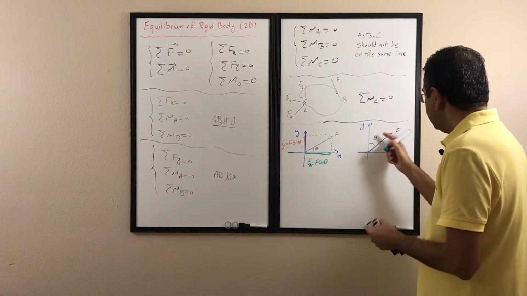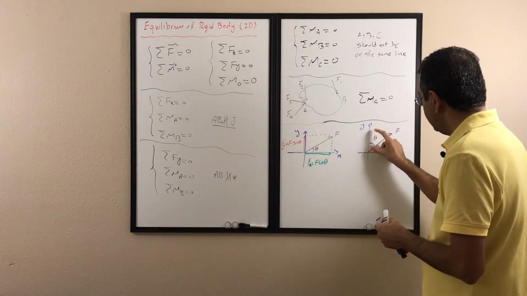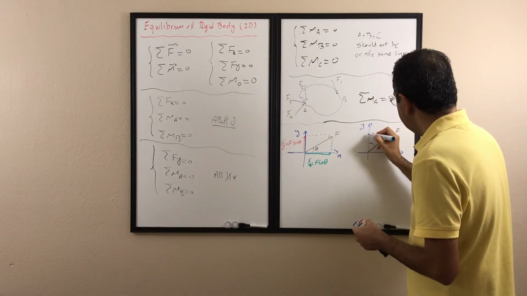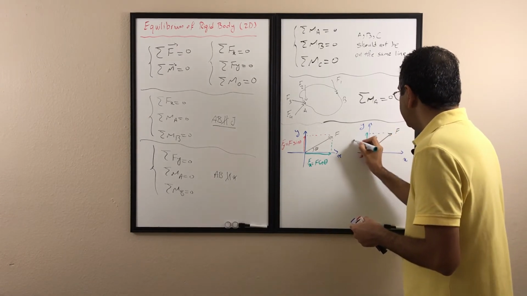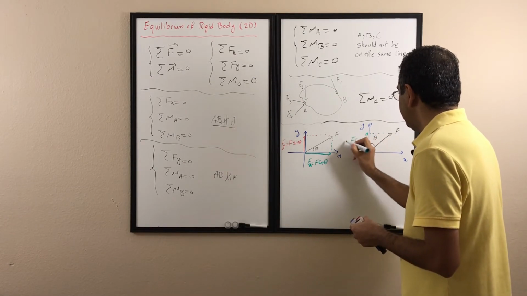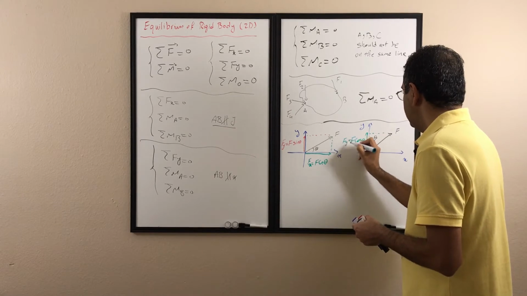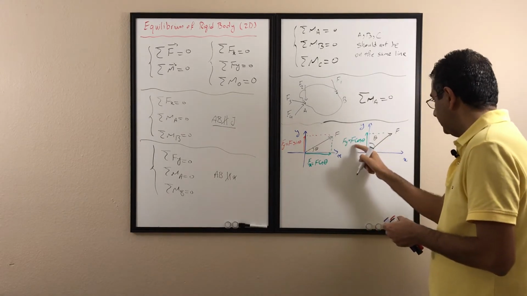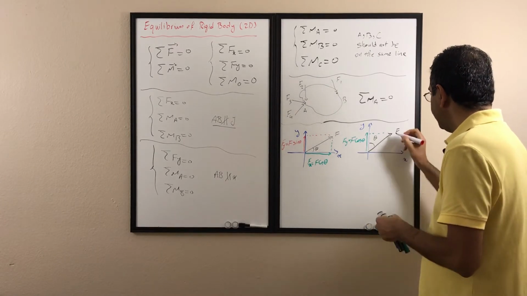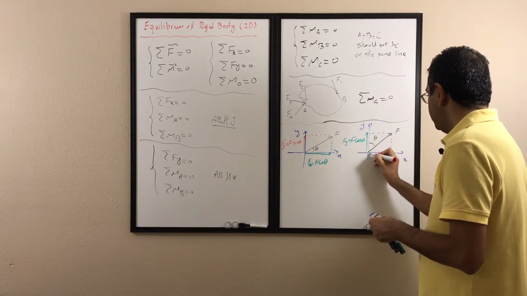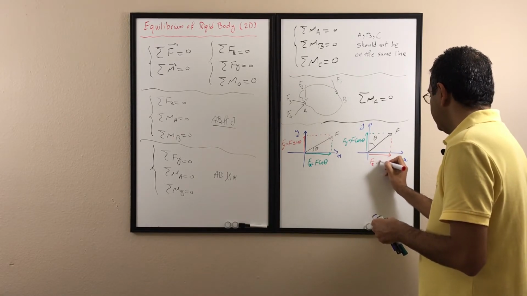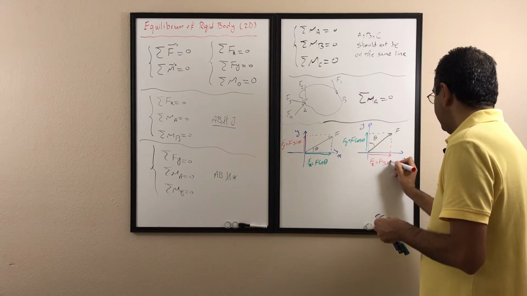The one that is touching the angle, the one that is next to the angle, this time is going to be here. This is F cosine theta, which is going to be Fy. So the one that touches the angle is cosine, and the one that is away from the angle, does not touch the angle, is this one. So this one is going to be Fx this time, so it's going to be F sine theta.